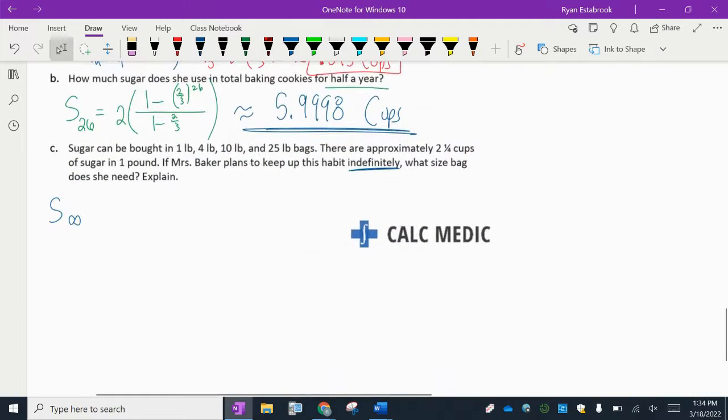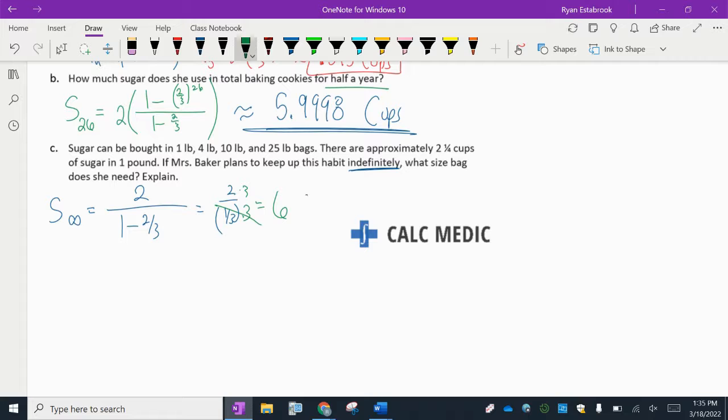So the sum of this series is equal to, what is a sub 1 in this case? 2. 2 over 1 minus, what's the ratio? 2/3. So that's 2 over 1/3. If I multiply numerator and denominator by 3, it cancels out the denominator. The numerator, we get 6 cups.